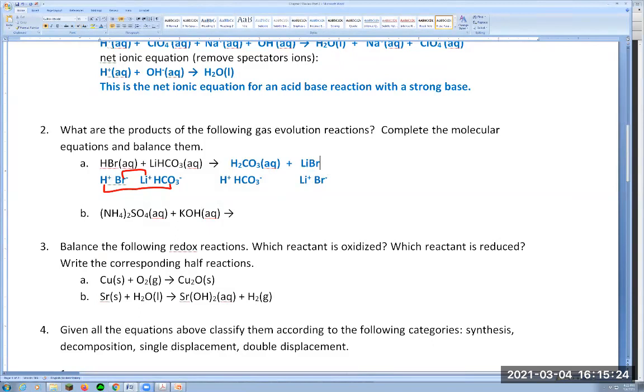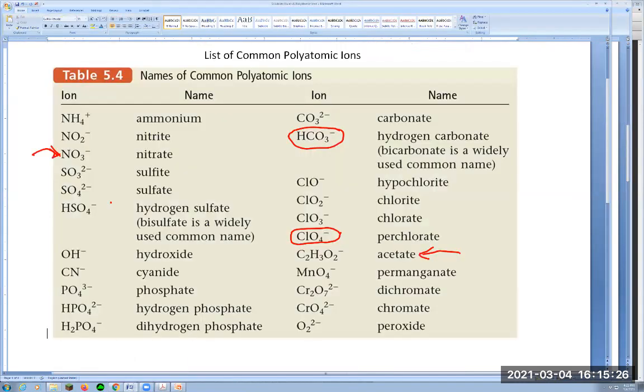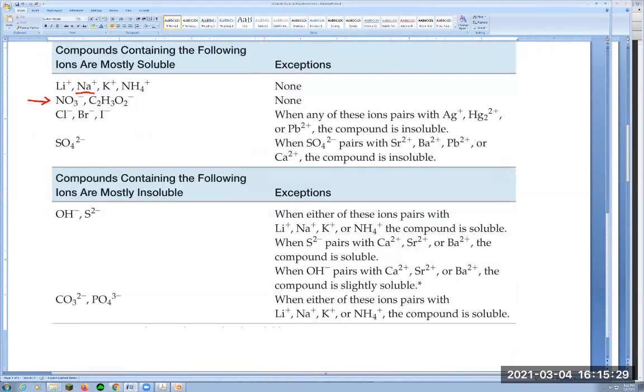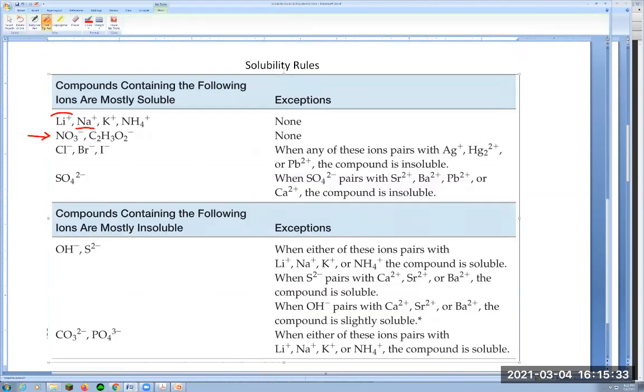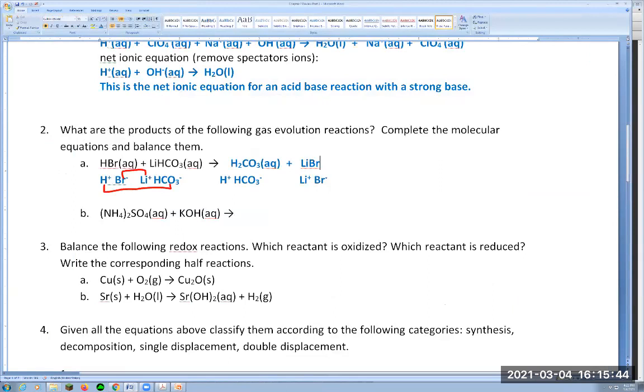If we look at the solubility rules, on the left side here, we see Li is part of the compounds that are mostly soluble, and there is no exception. So LiBr will be soluble, which means the physical state will be aqueous. So we have these, and let's say it's balanced.